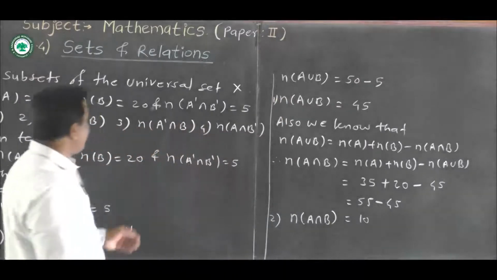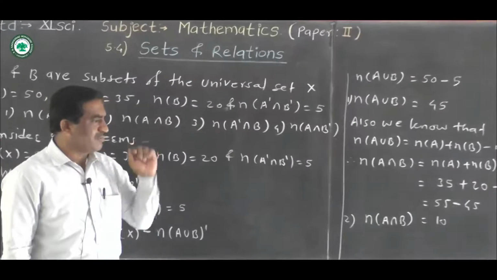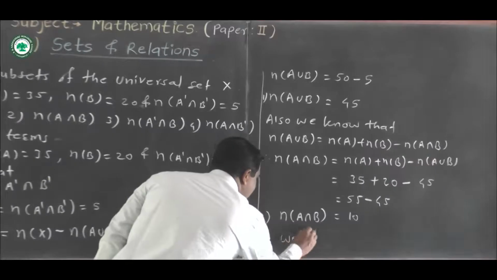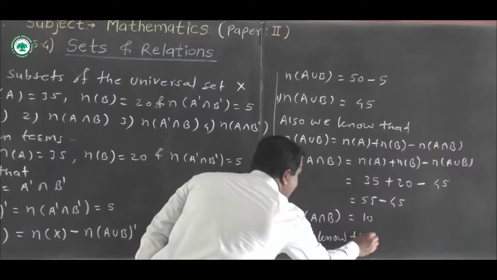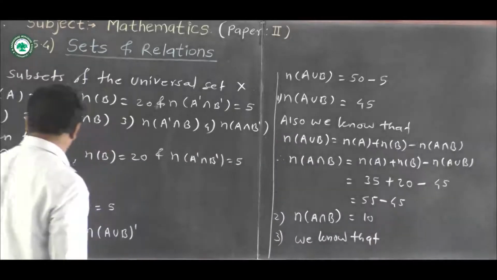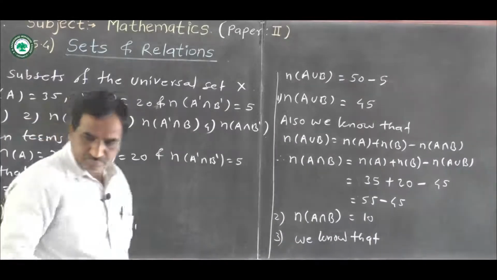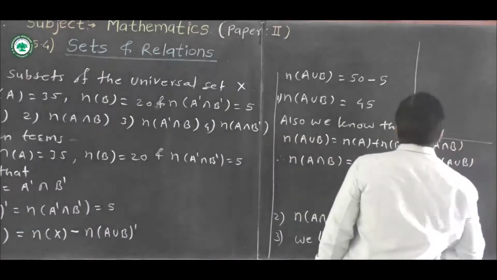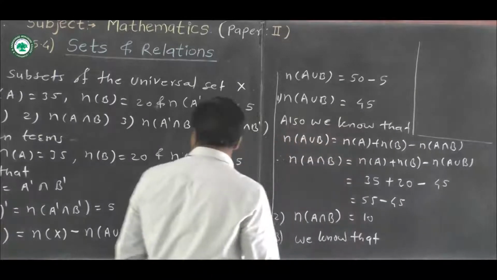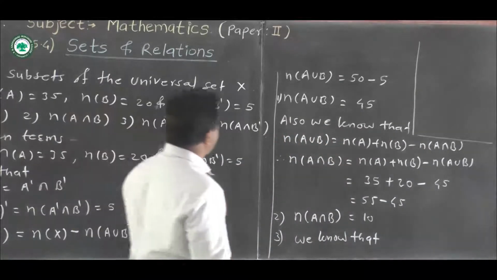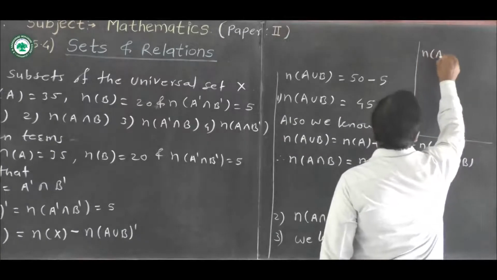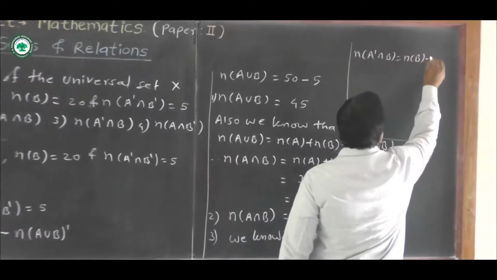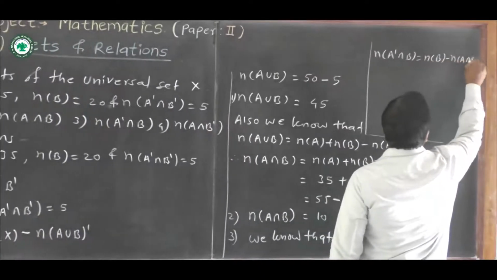Now we have to find the third value, n(A' intersection B). Okay, for third, here also we know the formula for n(A' intersection B): n(A' intersection B) is equal to n(B) minus n(A intersection B).